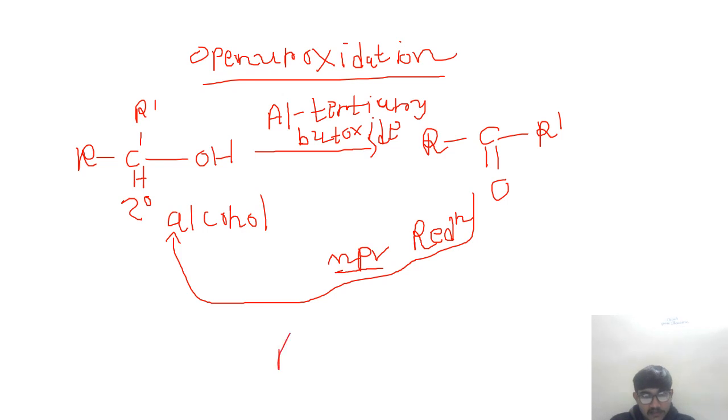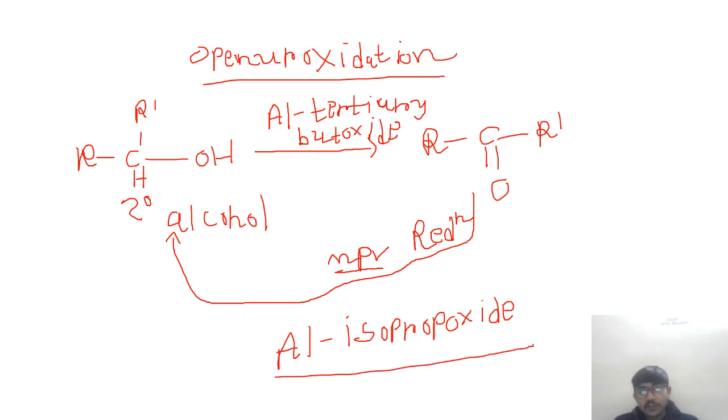And here the reagent is aluminium isopropoxide. So this is the simple conversion. Here there is aluminium tertiary butoxide and there aluminium isopropoxide.